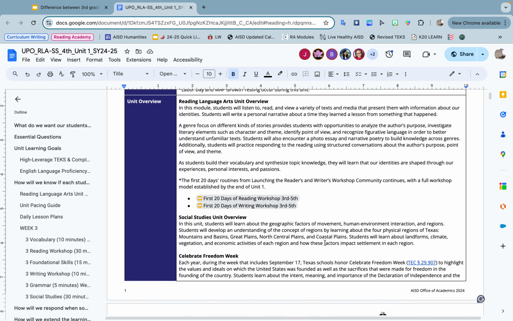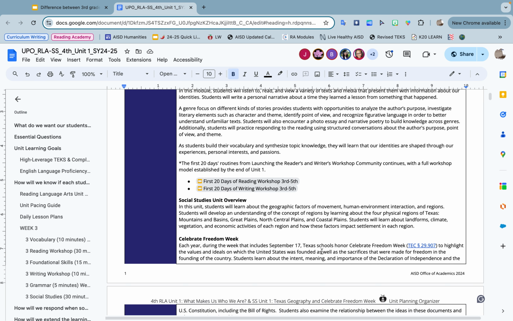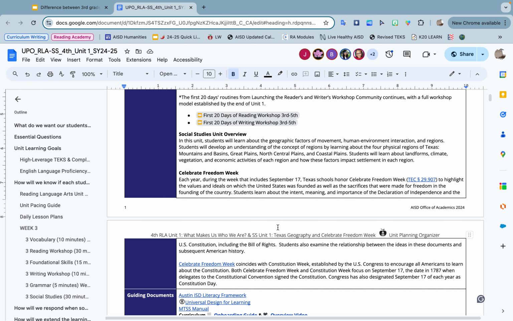In the overview section, you will notice that below the Reading Language Arts overview, which we've already discussed multiple times in the video series, you will see the Social Studies unit overview. The Social Studies unit overview is essentially an overview of the main learning objectives of the whole unit.